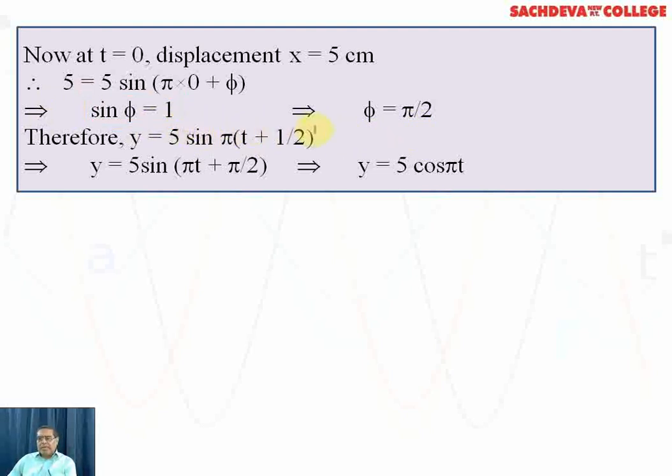Phi must be pi over 2, that is 90 degrees. Therefore, y is equal to 5 sine of pi t plus pi by 2, and this can be taken as y is equal to 5 cos pi t.